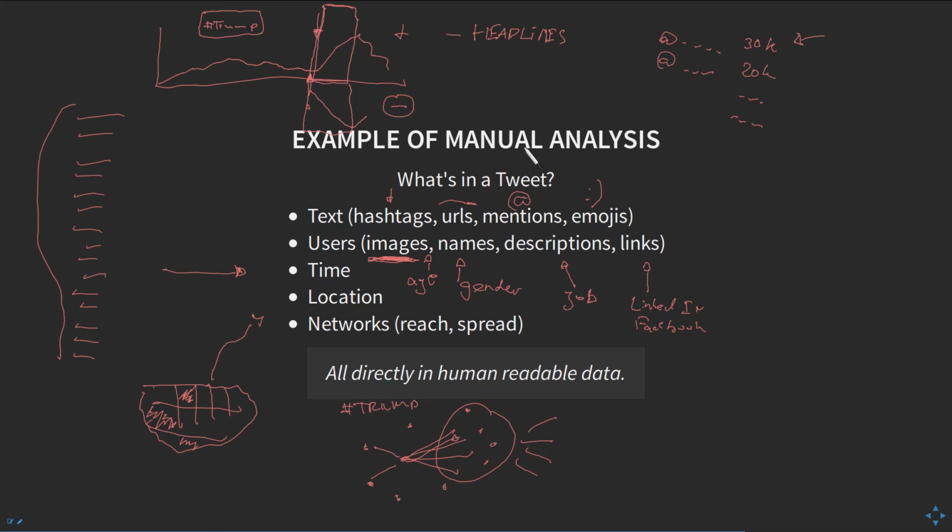This is all manual analysis. And this is because, in some sense, it's all directly in human readable data, right? We can sort of discover these patterns by visualizing all this information.